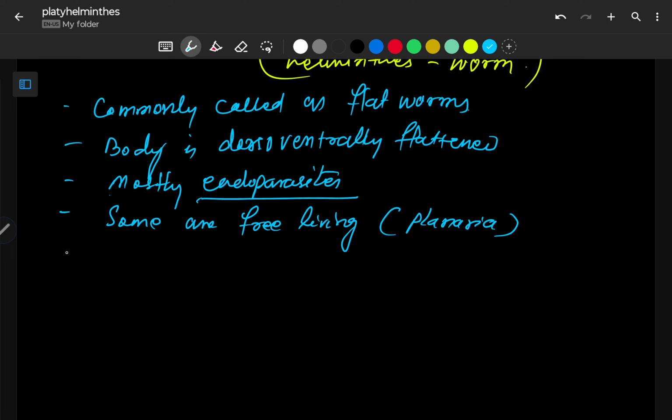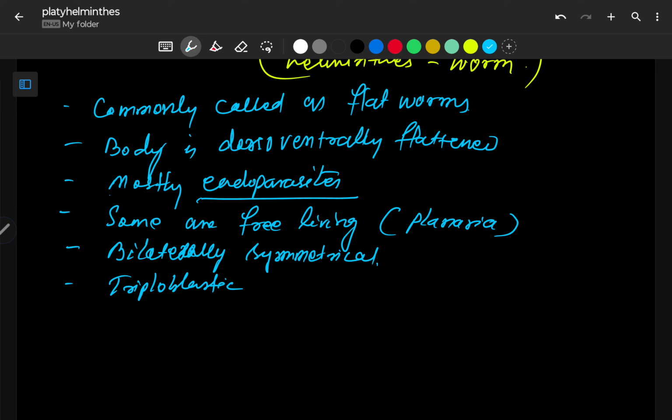Okay, now come to the symmetry. Body is bilaterally symmetrical. That means the body can be divided into two equal halves only in one plane. So they are triploblastic.